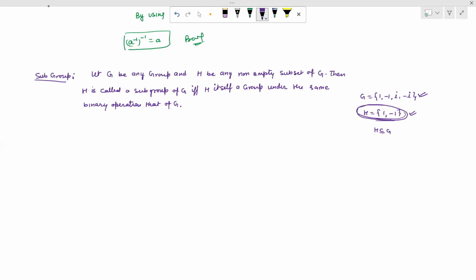We can make other subgroups also; we will discuss that later. So first understand: G be any group, H be any non-empty subset of G. Then H is called a subgroup of G if H itself is a group.